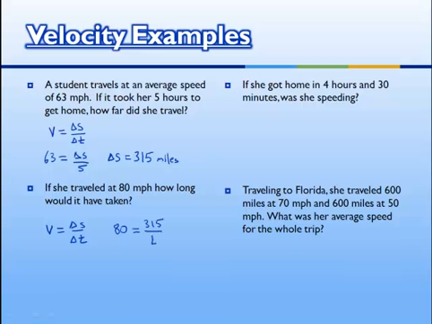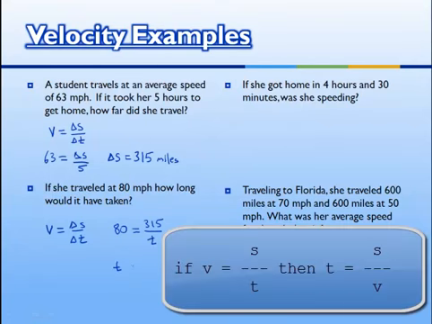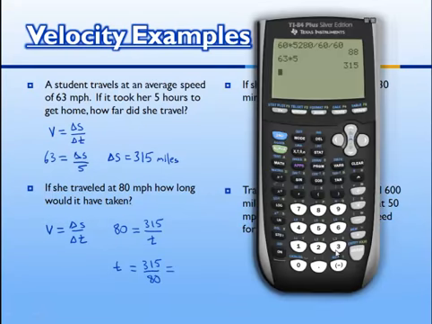And we're looking for time. A useful trick in a situation like this is that the left-hand side and the denominator here can just be interchanged. And we find the time to be 315 divided by 80, or 3.9 hours.